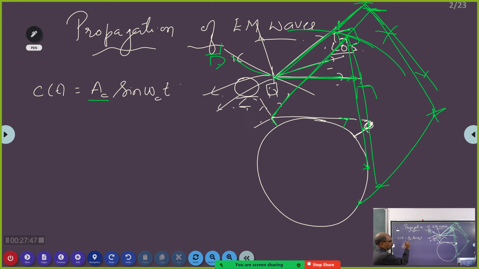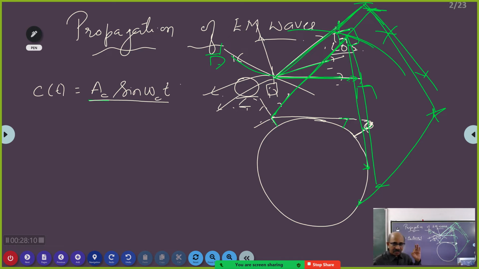Here Ac means the maximum displacement. That is what we have studied. Now here in this context, what you have to understand is, what is Ac sin(ωc t)?